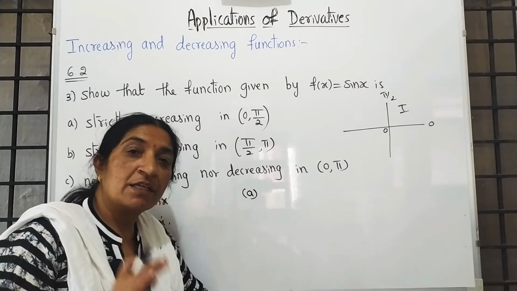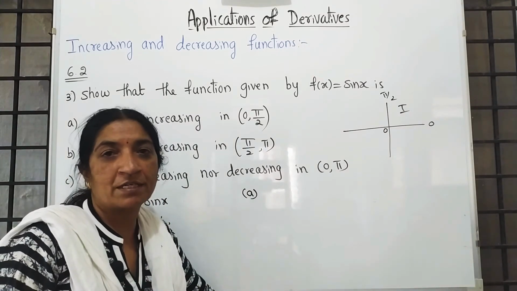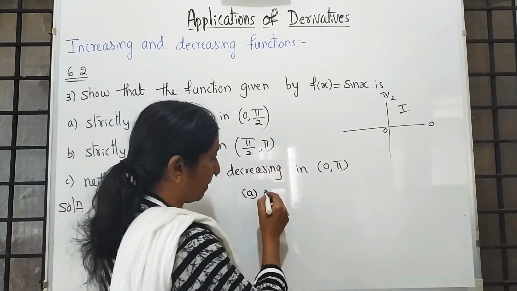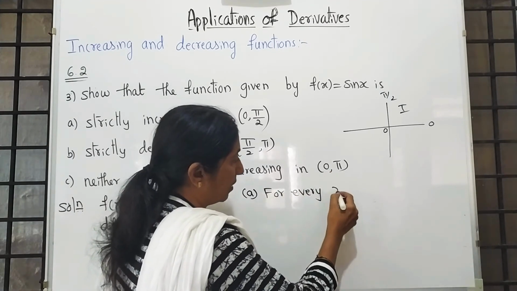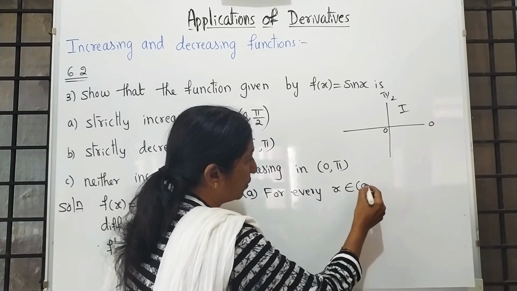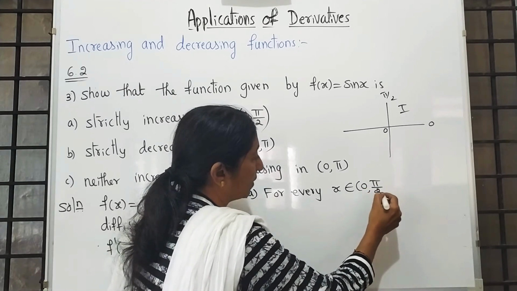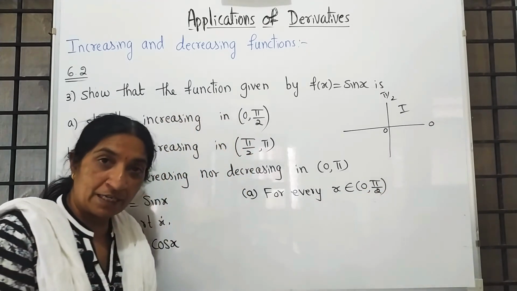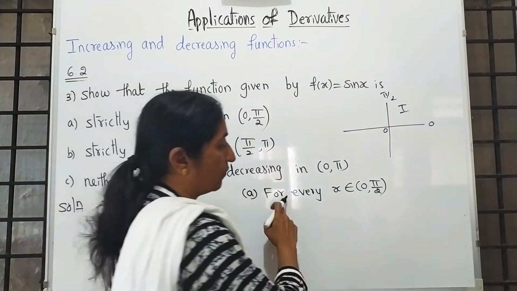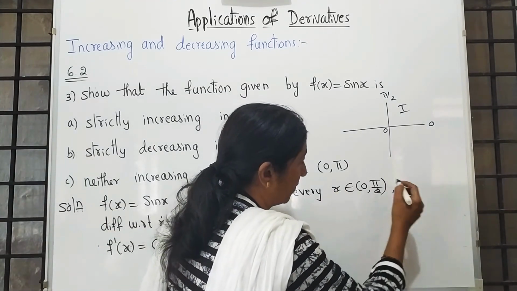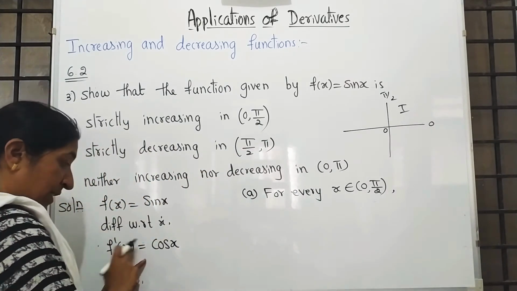And you know that in the first quadrant all the trigonometric terms are positive. See, for every, that means for all, x belongs to 0 comma pi by 2. That means what we are writing? We are telling that for all the values in the first quadrant, for every x belongs to 0 comma pi by 2, here first derivative is what?